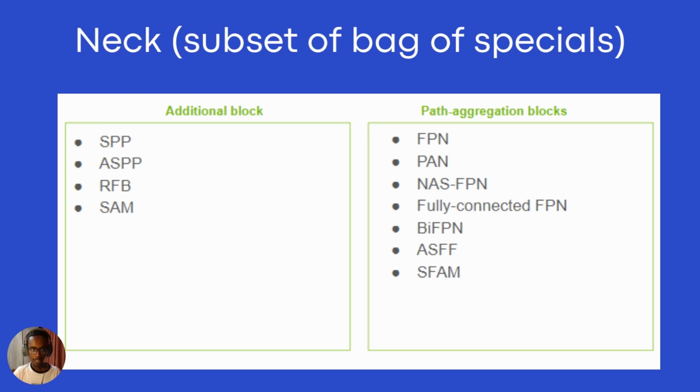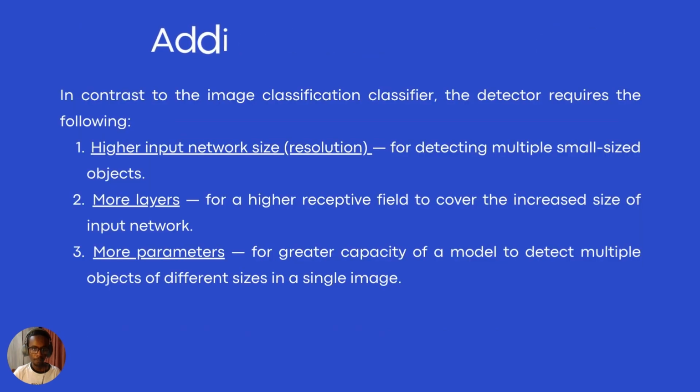So we can basically classify the neck part of the network into two broad categories. The first one is additional blocks, and the second one is path aggregation blocks. And since we are modifying the architecture of the original YOLOv4, these new blocks that we are introducing can be categorized as bag of specials.